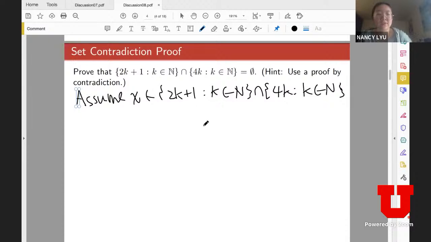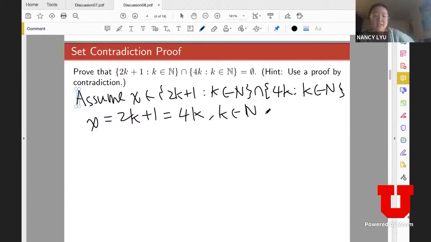So now we assume X is in the intersection of these two sets. And just by the definition of intersection, we should know that X is equal to 2k plus 1, and X also equals 4k, where k is a non-negative integer.